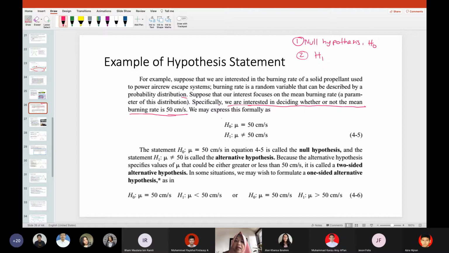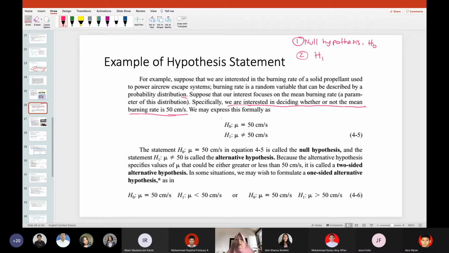Because the statement says whether or not, which is tidak, in mathematical relationship it becomes not equal to, tidak sama dengan. So we have H0, the null hypothesis, mu equal to 50 centimeters per second, and H1, mu is not equal to 50 centimeters per second.